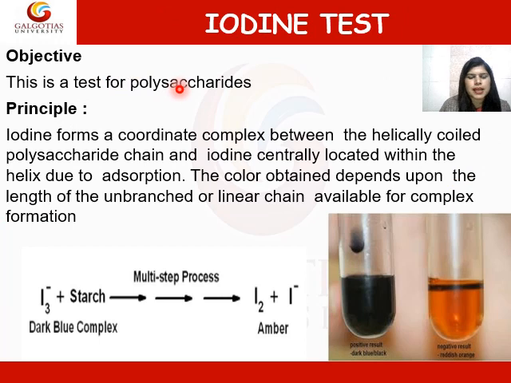Iodine test. The iodine test is used for polysaccharide identification. Basically, this test is used for the identification of starch in an unknown solution. Iodine forms a coordinate complex between the helically coiled polysaccharide chain and the iodine centrally located within the helix due to adsorption.